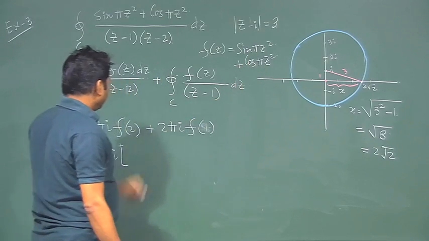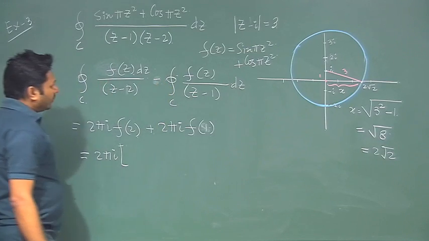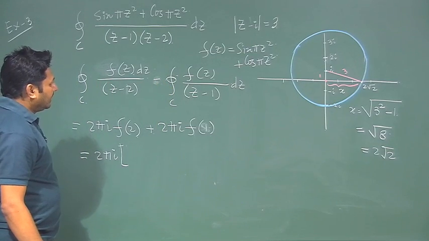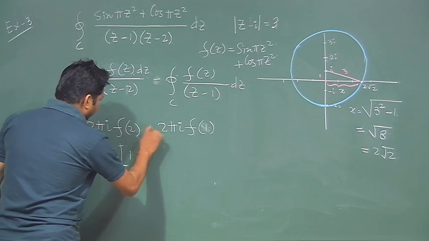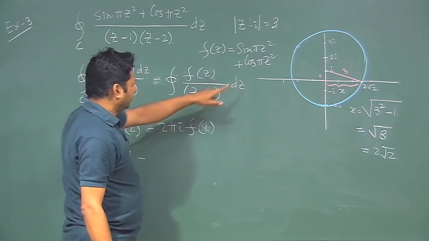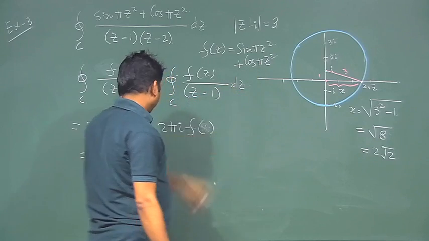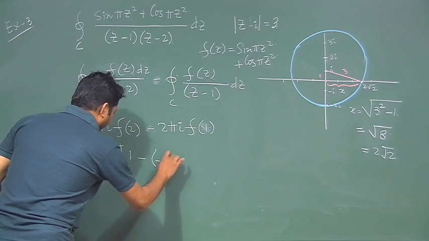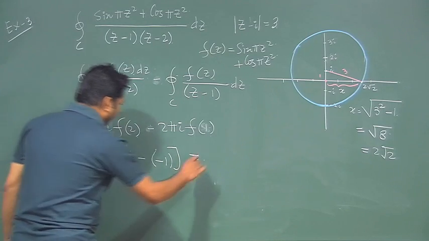Here I should have a minus sign. So, sin 4 pi is 0, cos 4 pi is 1, this is minus, then I put 1. So, sin pi is again 0, and cos pi is minus 1. So, I will have minus 1. So, my end result seems to be 4 pi i.